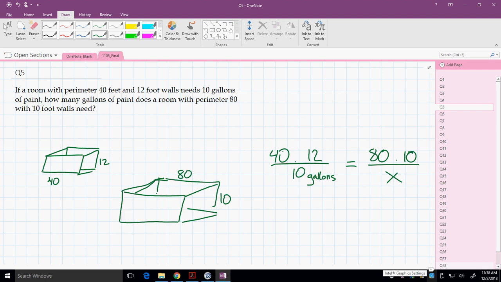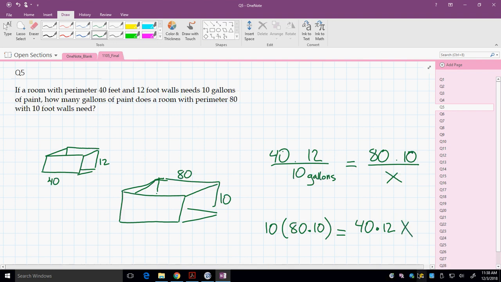So as we cross multiply in here, it will be 10 times 80 times 10, and it will be 40 times 12x.